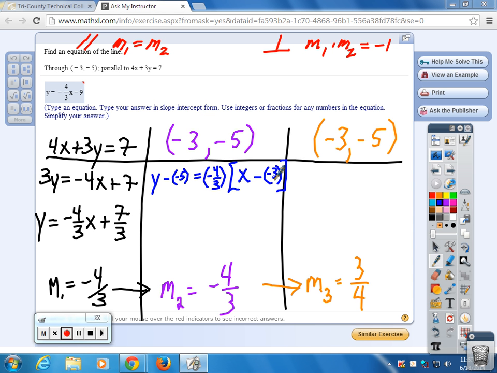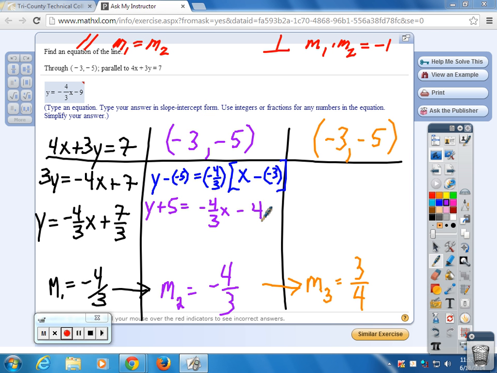I'm not using purple, sorry. What's y minus the -5? -4/3 x minus 4. Now I skipped a couple of steps there, but let's check it.